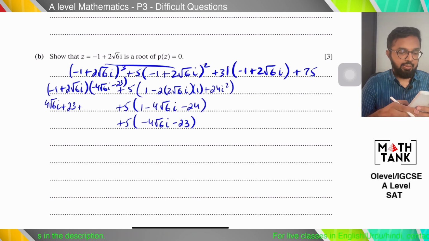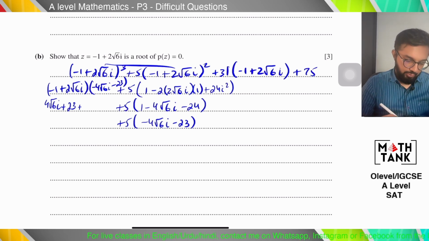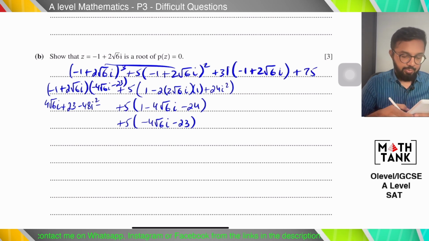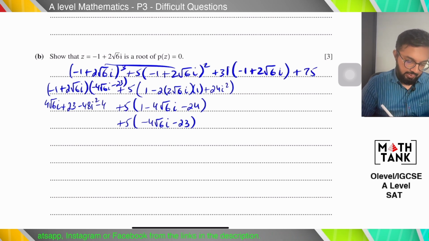Let's do that on our calculator so that we don't mess up. It's 48. So minus 48i squared, minus 23 into 2 is 46 root 6i.